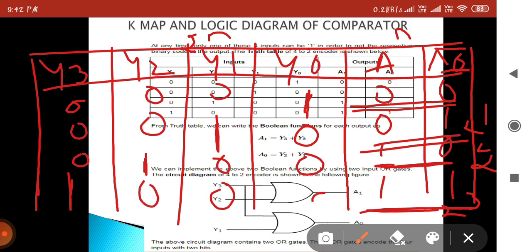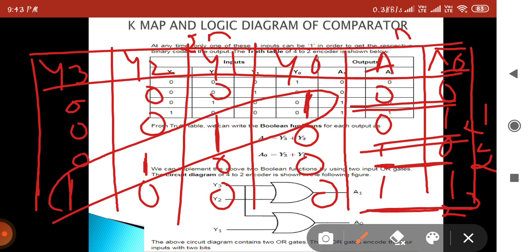Diagonally the truth table comes. Otherwise, if there are unknown values, you can put x, but all the rest are zeros. This is the way to draw the truth table of the encoder.